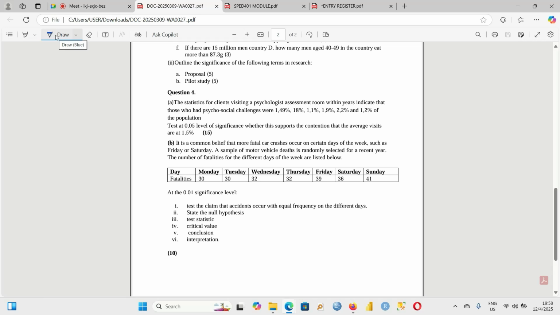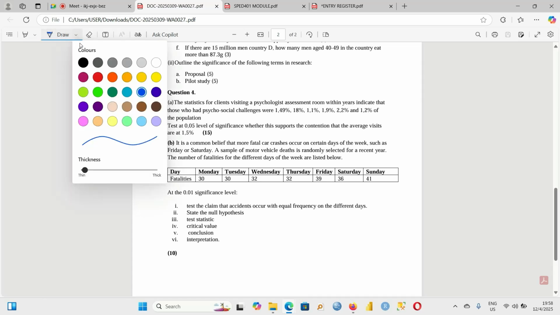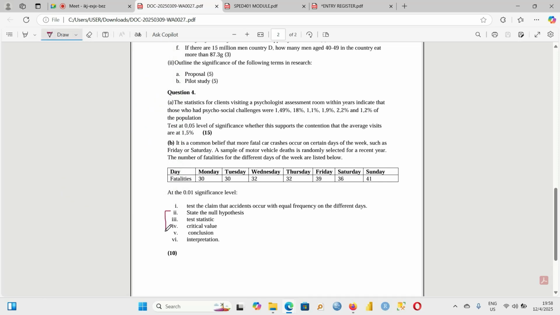So this is one question. When we are carrying out our test, we need to follow these stages. So we want to carry out the test on the claim that accidents occur with equal frequency on different days.